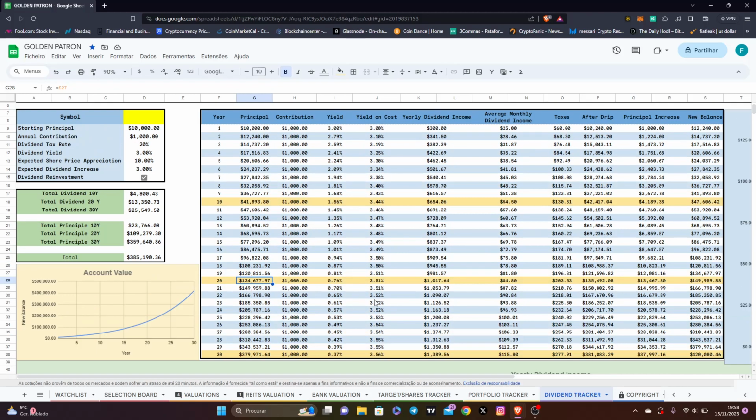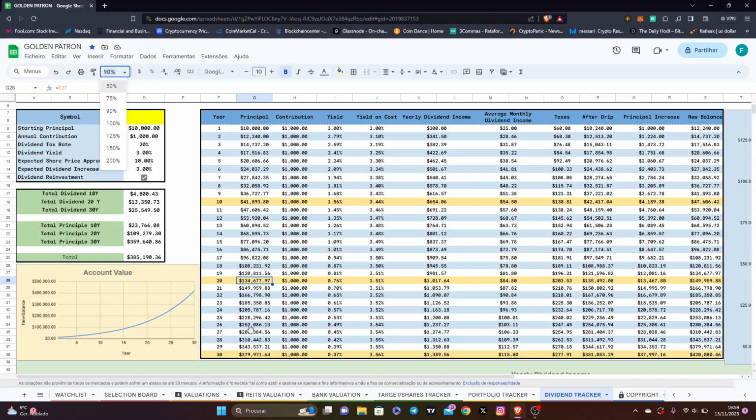And this is all from a starting $10,000 and $1,000 contributions. Very easily capable of doing this, and after 30 years, you'd be in a great position. This is just the account balance, showing the nice increase right here.